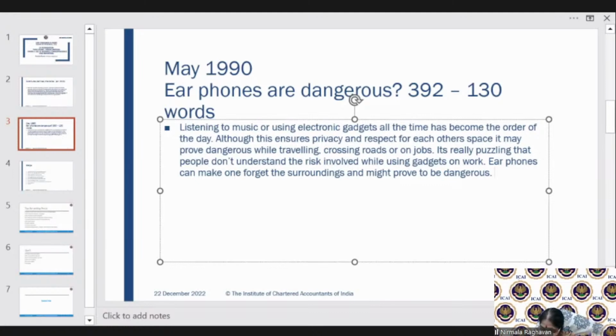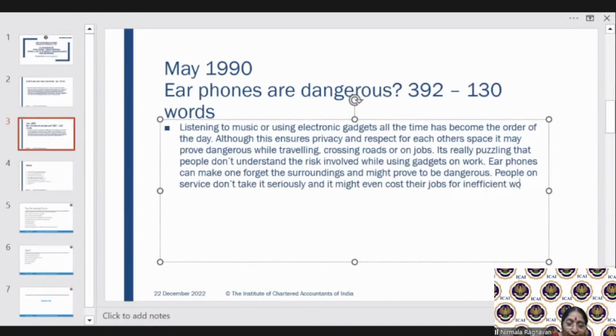Okay. So people on service don't take it seriously, and it might even cost their jobs for inefficient working.